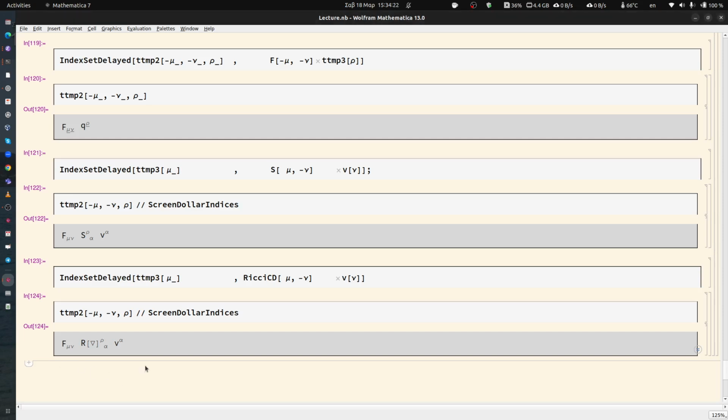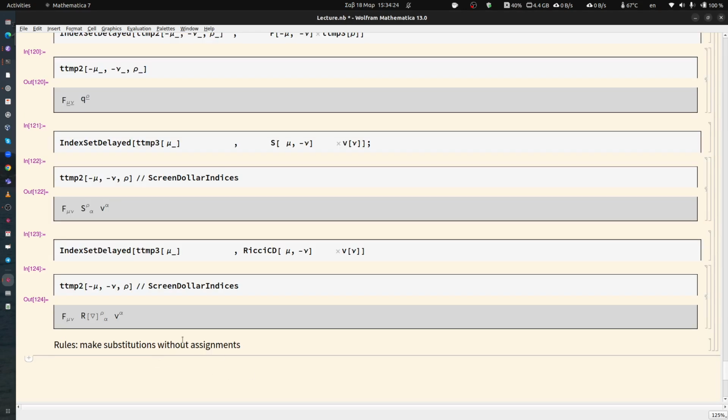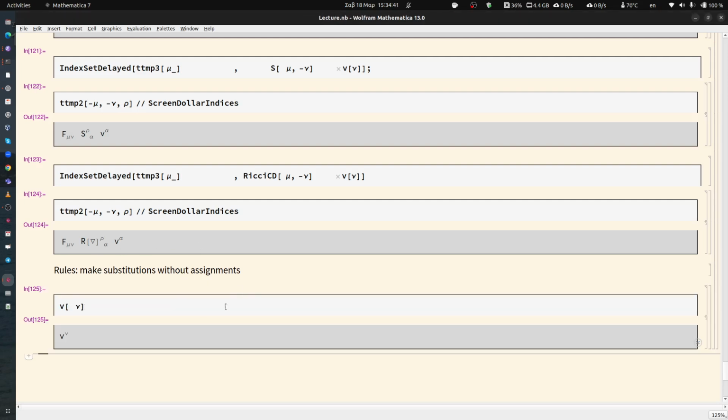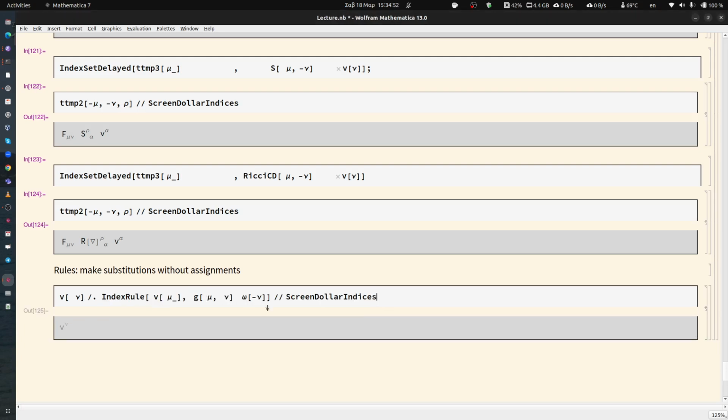Now, let's use rules. What are rules? Rules are expressions that make substitutions but without making permanent assignments. So if we take, for example, the vector v, then we can use IndexRule to transform it.